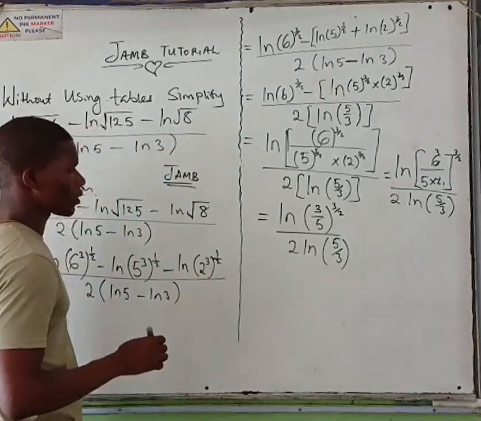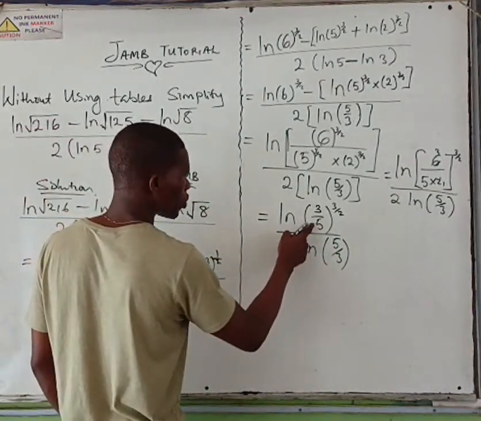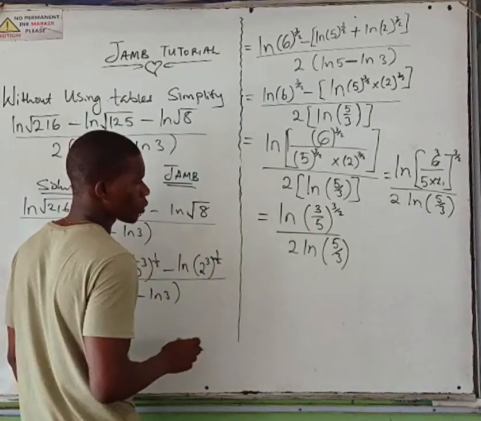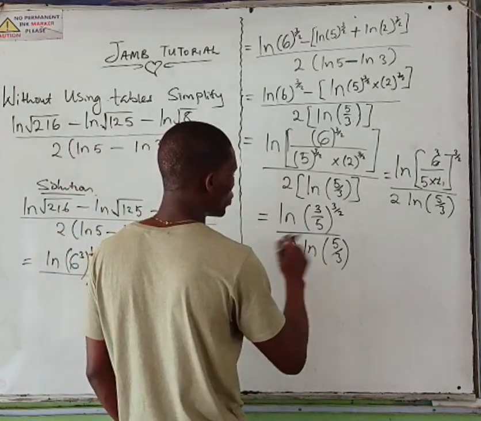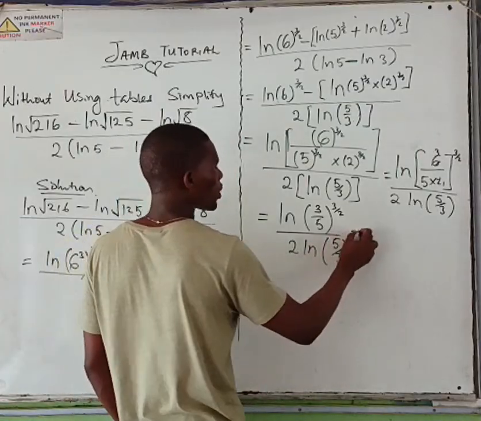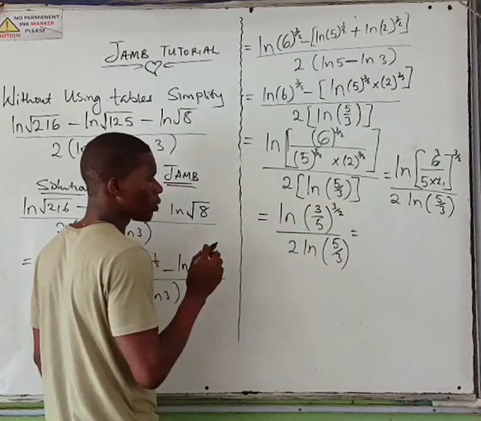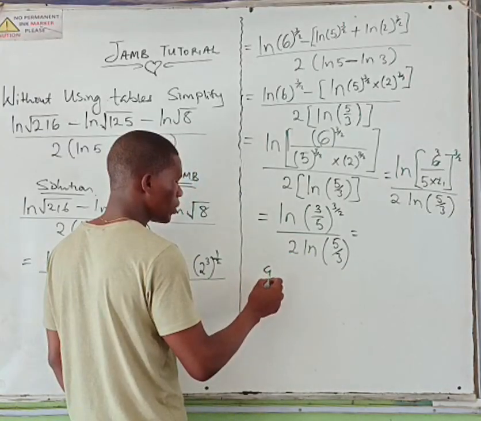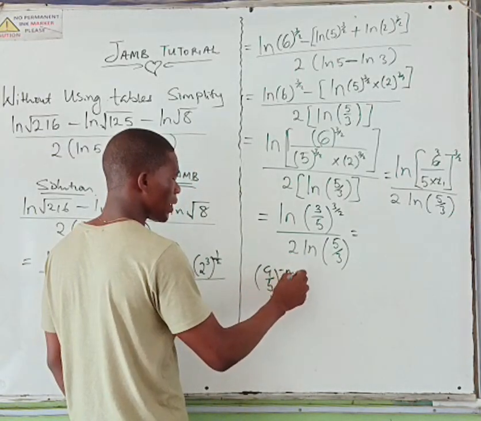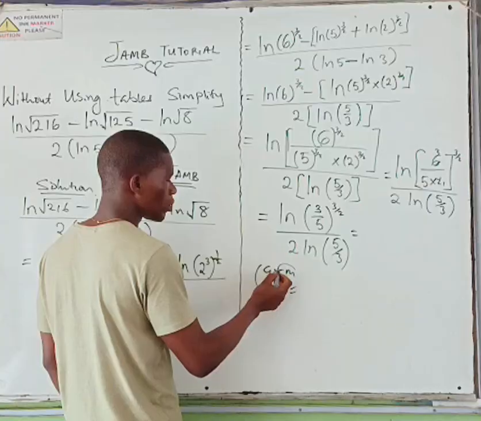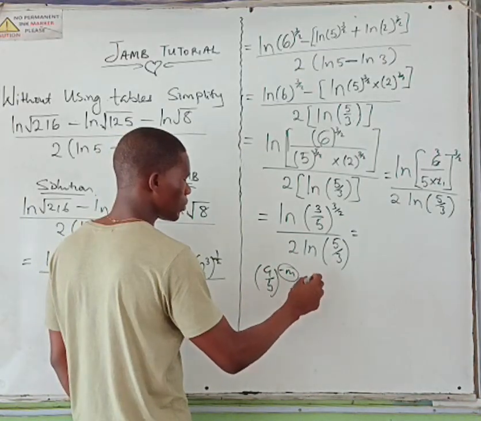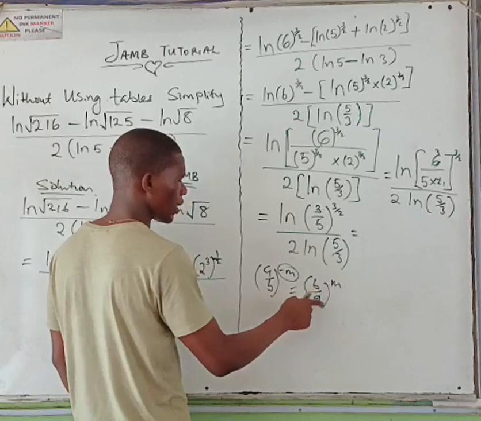Now when we look at this, if this one and this one were the same, we would have cancelled them out. But there's a way we can write this so that they will be the same. Remember the negative power: if you have a over b raised to the power of minus m, we can make the power positive by changing the order of the fraction and writing b over a raised to the power of m.